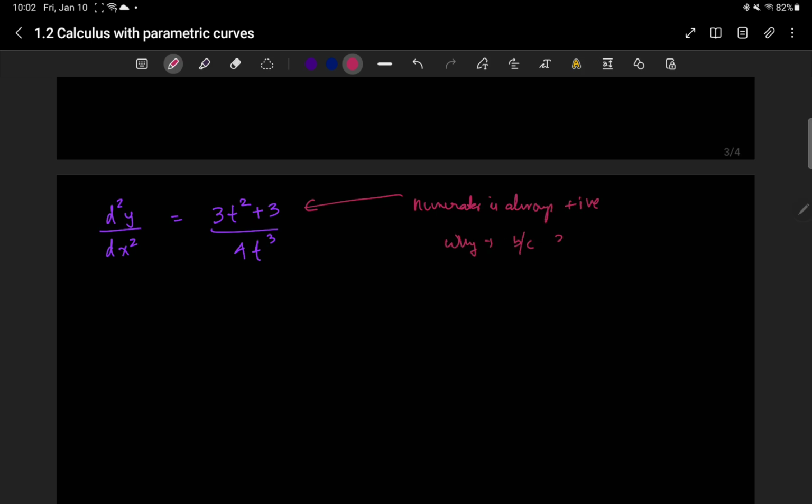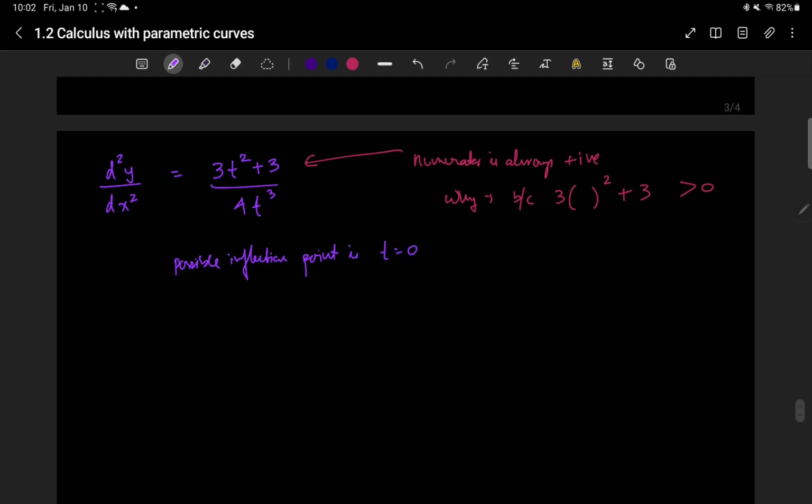Because 3 times something squared plus 3 is always greater than 0. Because you're squaring, you can never get negative numbers. So the only possible inflection point is t equals 0, which makes the denominator undefined.